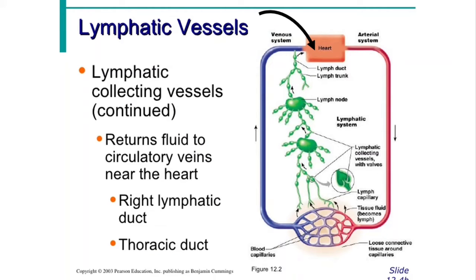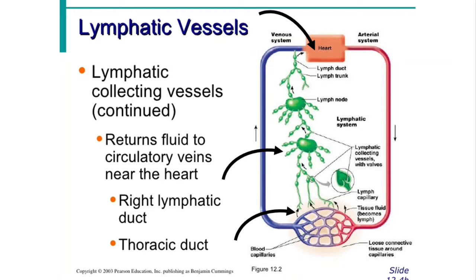In this diagram, we can see that the blind-ended lymphatics will pick up excessive interstitial fluid and large molecules, and there are many valves, and these lymphatics end up in a lymph node.